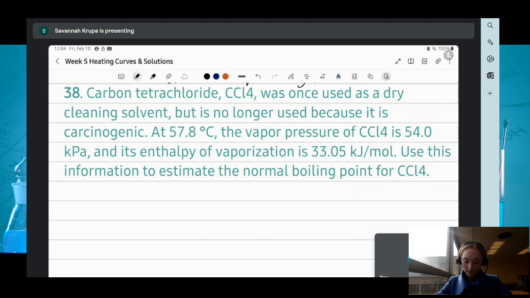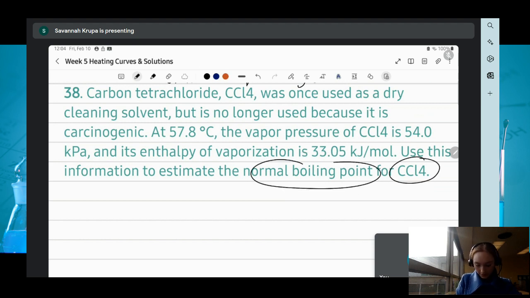Okay, so this is asking the normal boiling point for this compound, CCl4. And at normal boiling point, it's important to note that the vapor pressure has to be equal to atmospheric pressure.